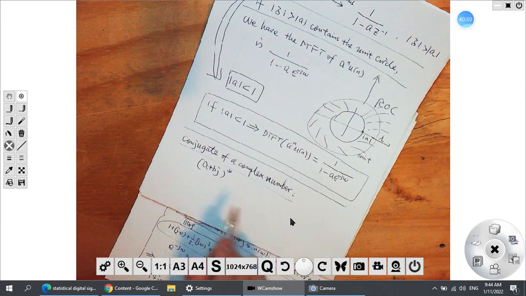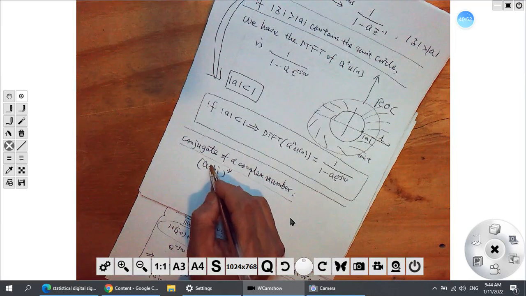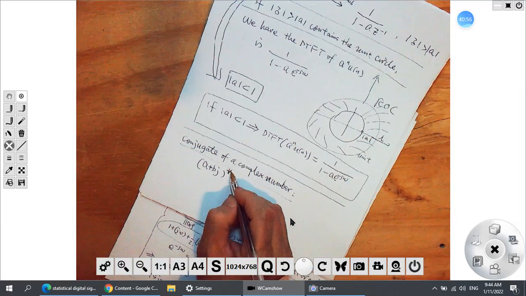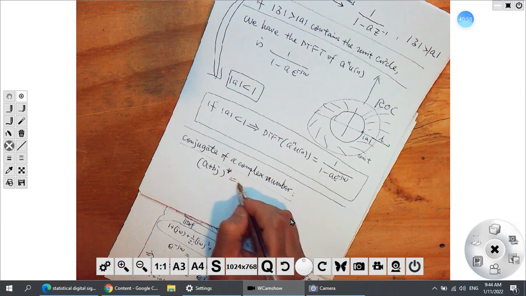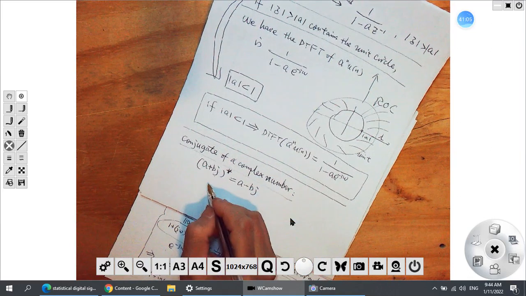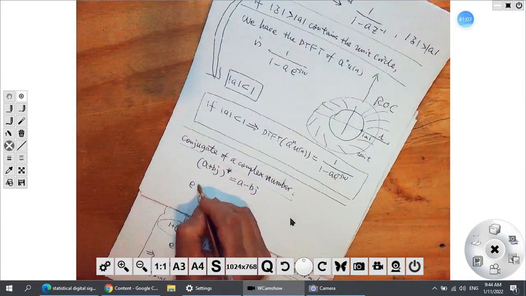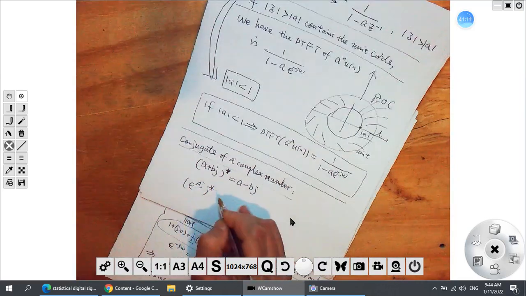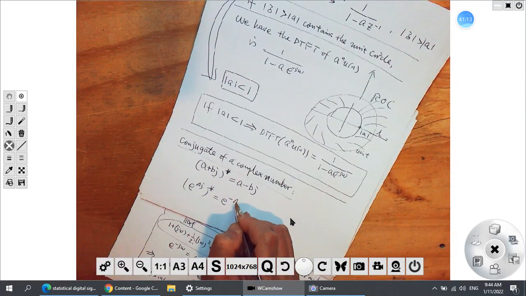If you have a complex number a plus bj, the conjugate, this star means conjugate, is a minus bj. You change the sign before j. And like e to the aj, the conjugate is e to the negative aj.